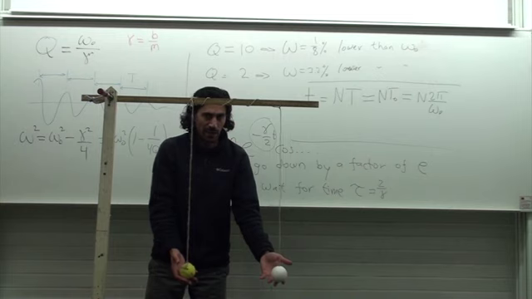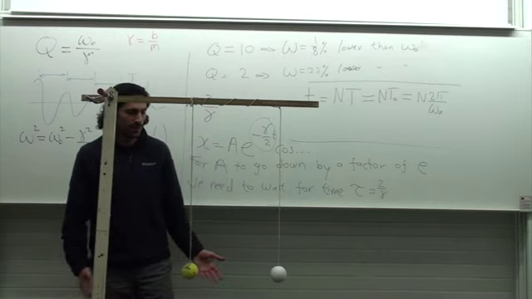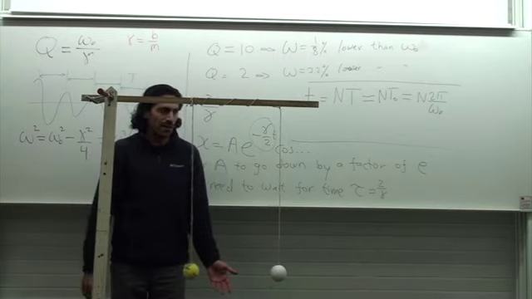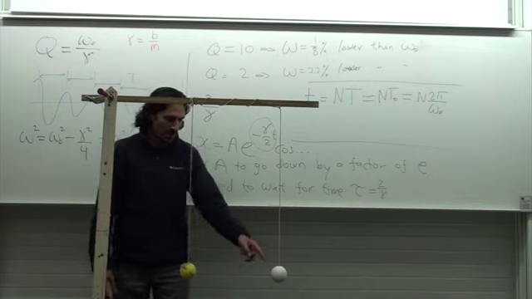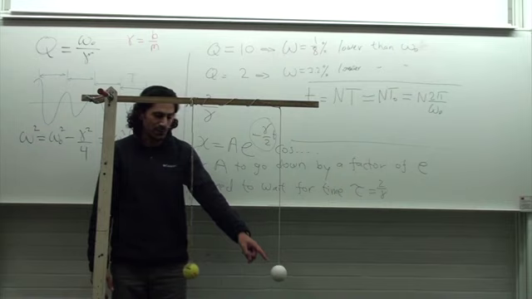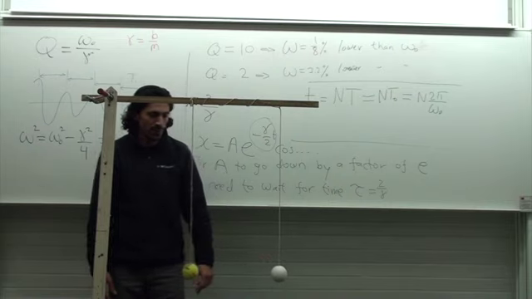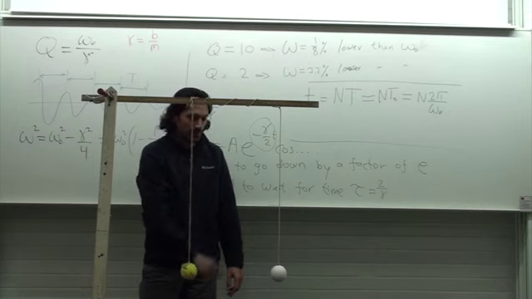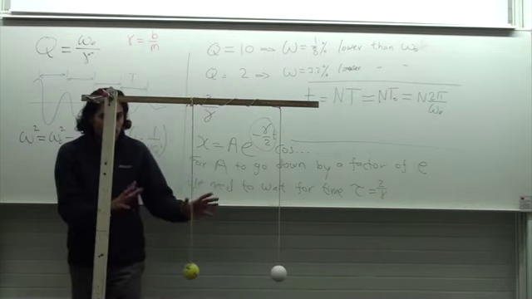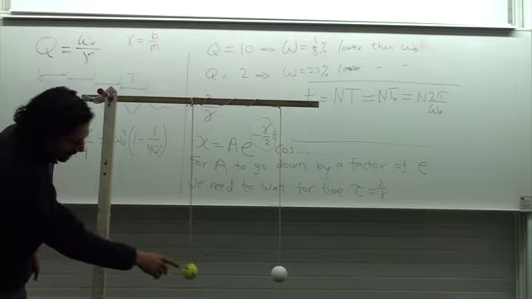But because we have damping, they would start losing from their amplitude, but also because this one is lighter, the white one here is lighter than the tennis ball, then you would expect this to damp much faster, or at least faster than the tennis ball.